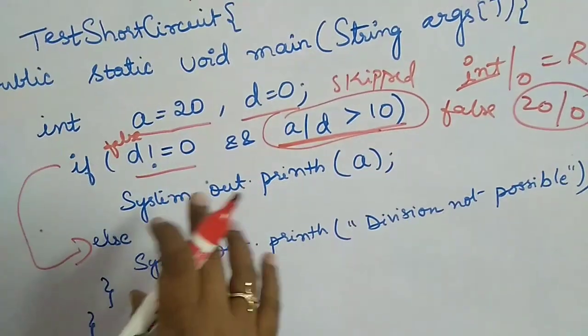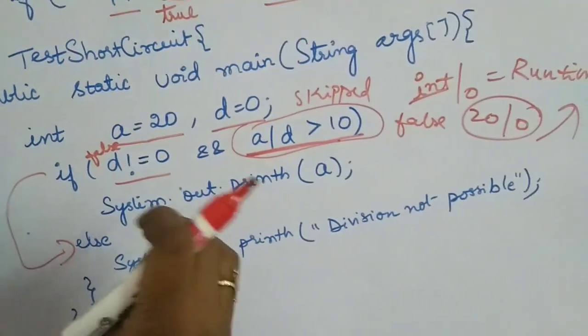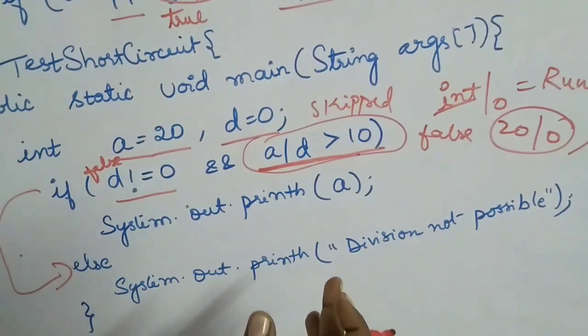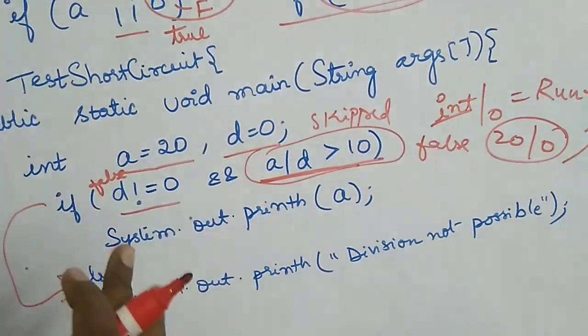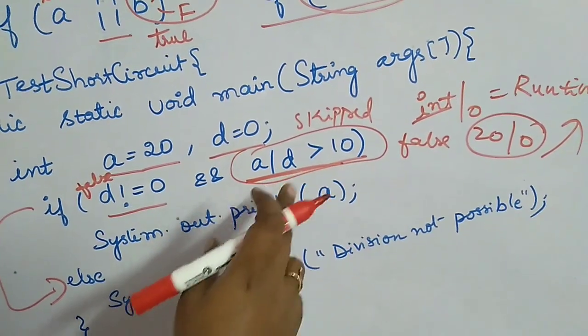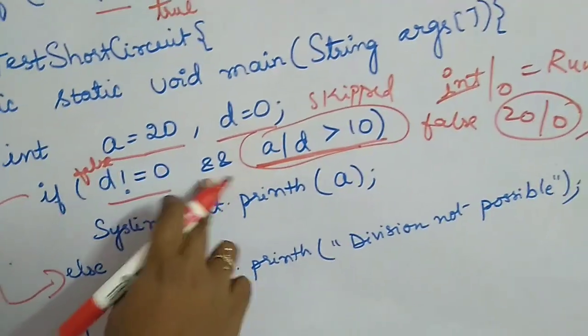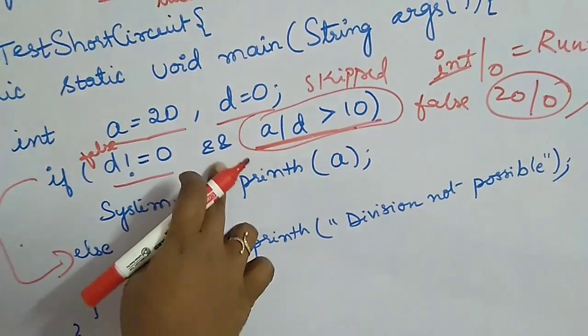They can be used in evaluations wherein certain conditions should be met before the evaluation. Only if those conditions are met do you enter into the evaluation. In those scenarios, you will be using the logical AND, which is also called a short circuit operator.